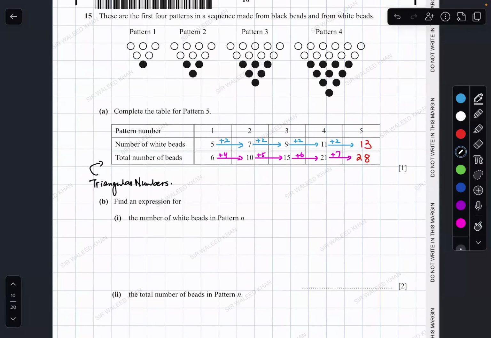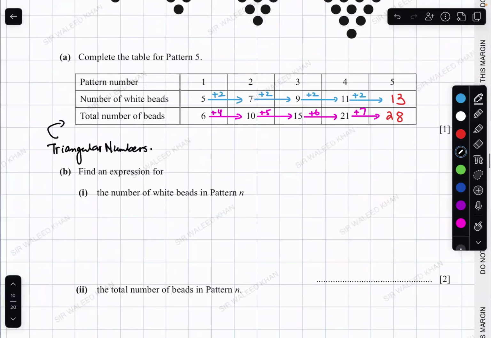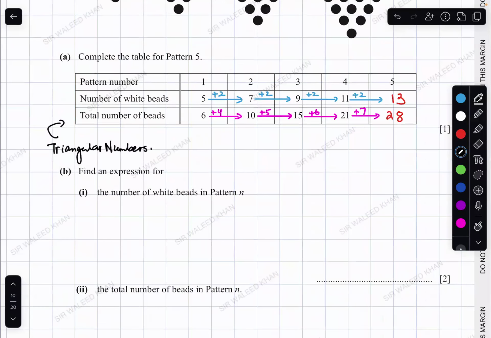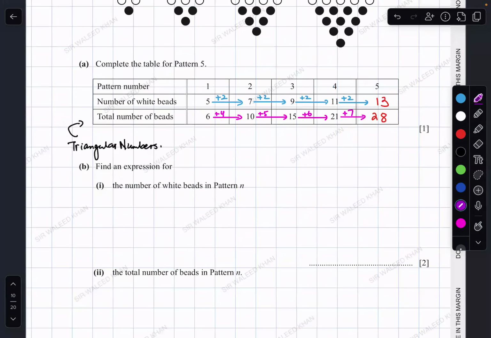Now, I told you also to remember the nth term of the triangular number sequence. I'll just deal with over here. Find an expression for the number of white beads in pattern number n. Number of white beads in pattern number n. That will be the nth term of it.